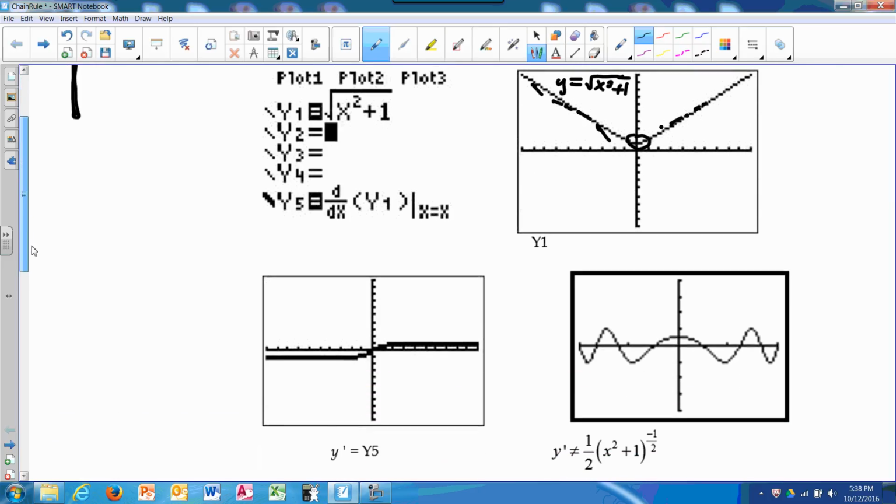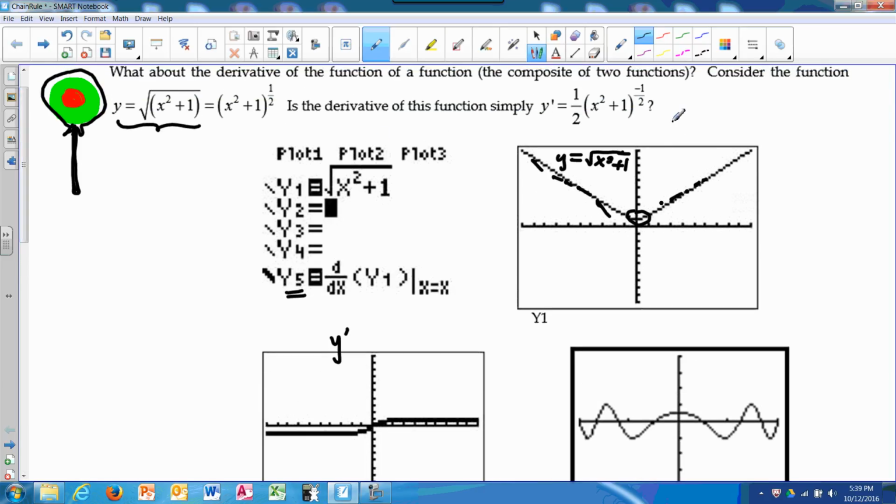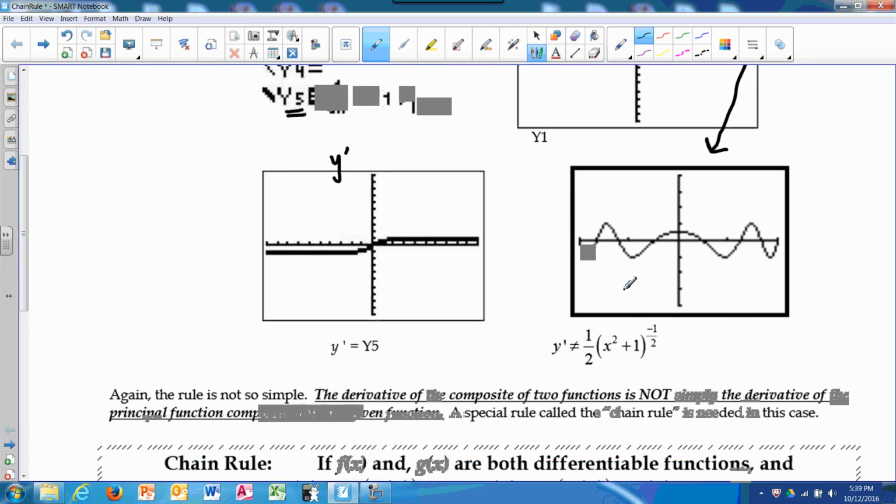Now, if we look at the actual derivative of that function, we get the one you see here. Notice that if you try to just do the power rule, bringing the half down and just reducing the power, you would get this function. Notice how drastically different that function is.